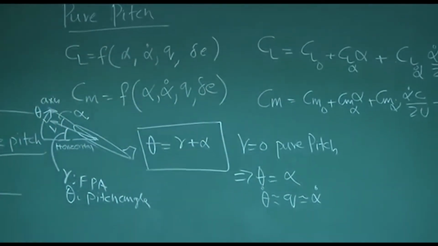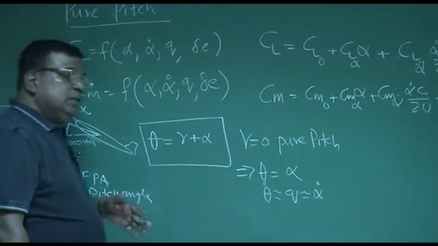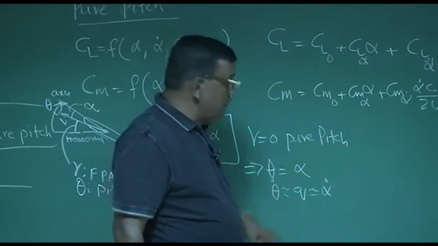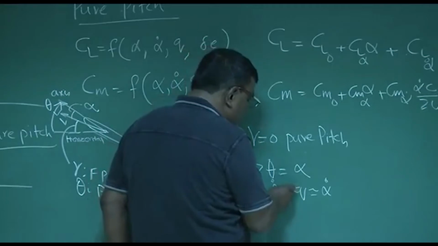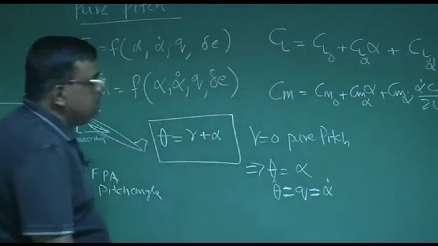And in a tunnel, theta dot is definitely q, because there are no psi or any such motions, no bank angle, nothing. So I can strictly say in a tunnel, theta dot is truly q and q is truly alpha dot.